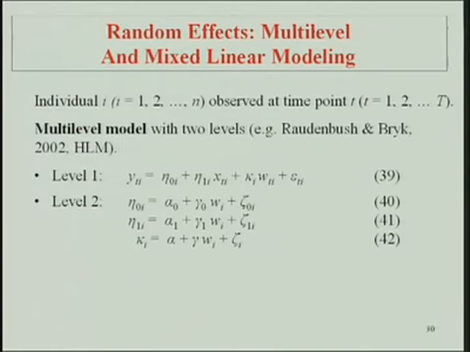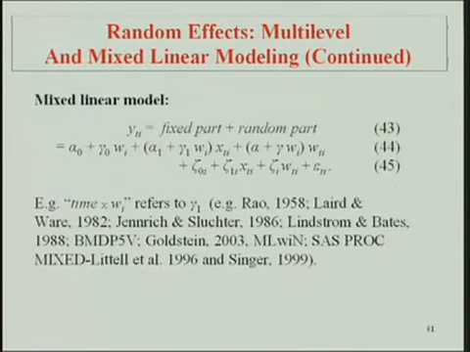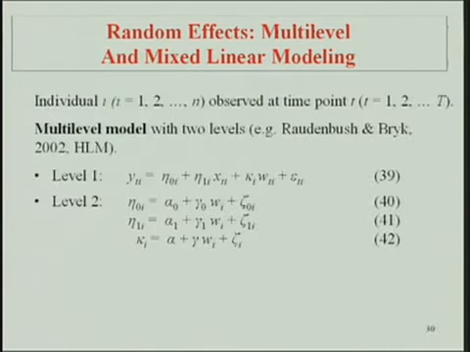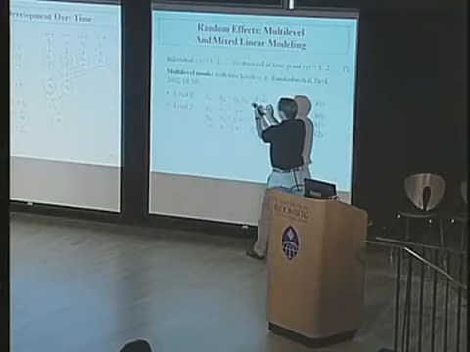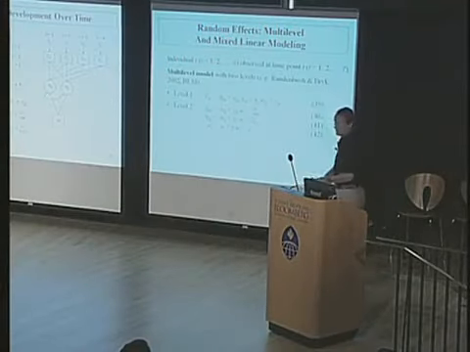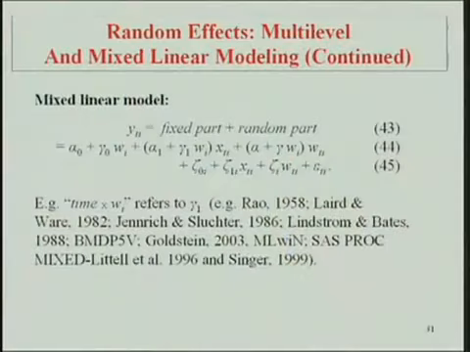And level 2, we already talked about level 2 there. Mixed linear model is just writing out, splitting up the fixed and random parts. I think the mixed linear model formulation is a little bit more statistical and less pedagogical. But essentially, if you go back to slide 30, the mixed linear model comes about just by inserting these random effects of level 2 into level 1, and writing out the whole resulting equation.